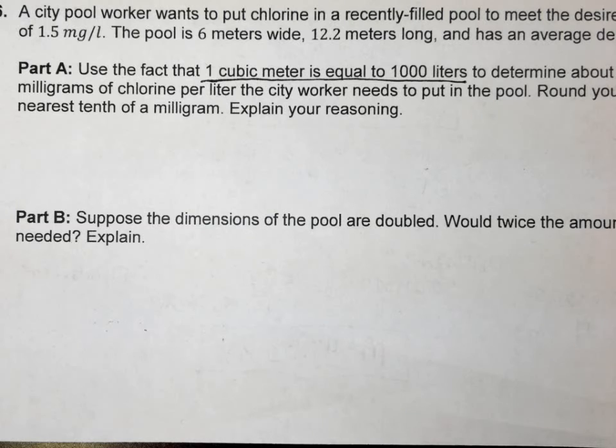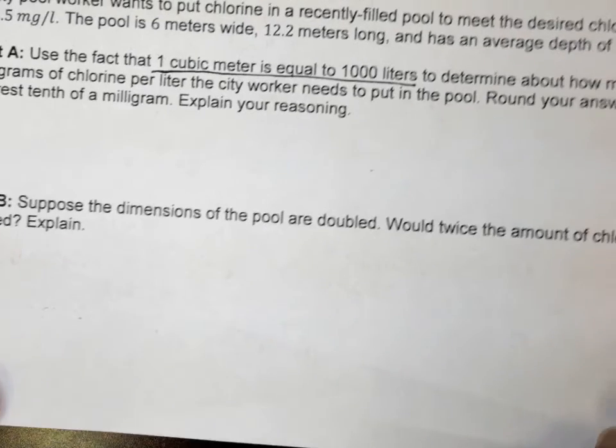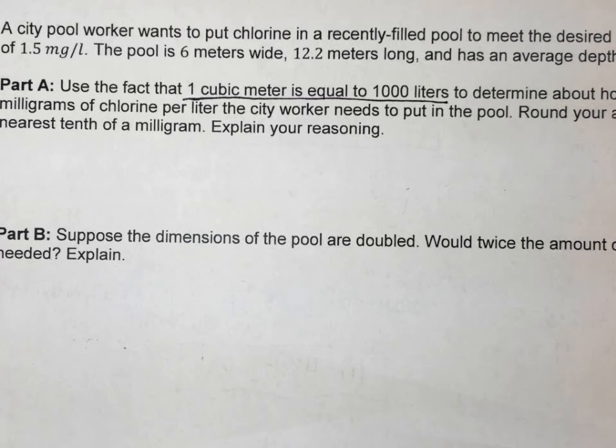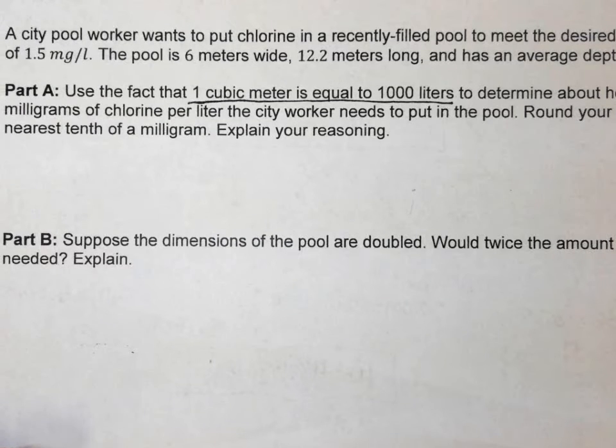First things first though, we're solving for mass. They already gave us density, and we need to find our volume. So like I was saying, you already got density, you're trying to find mass, so you need volume.